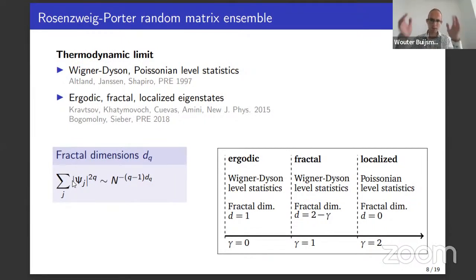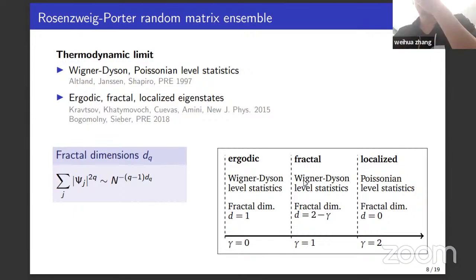If I take a small dimension, then the state is reasonably spread out over the full Hilbert space. If I take a very large dimension, then it is not localized, but confined to a small part of Hilbert space. However, these states are still overlapping enough such that the Hamiltonian is not diagonal in some sort of natural basis. Because of that, you still have Wigner-Dyson level statistics. Does this answer your question?